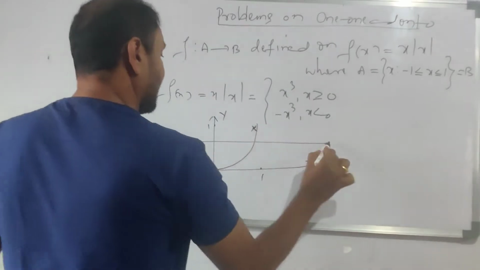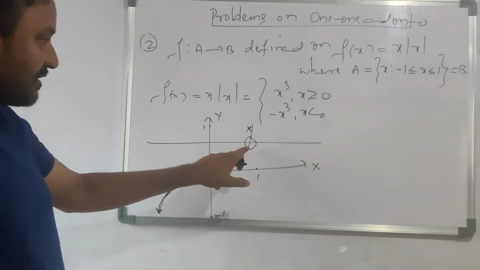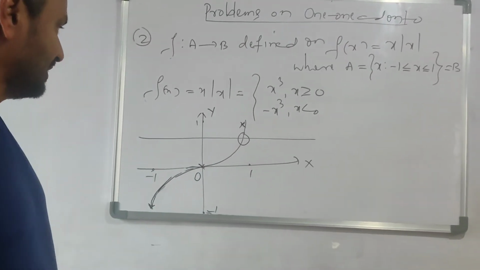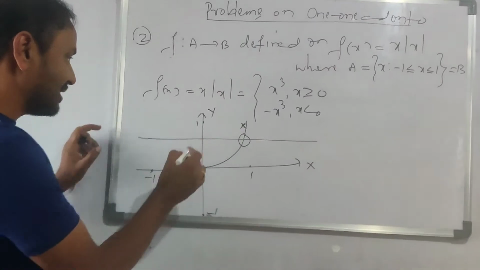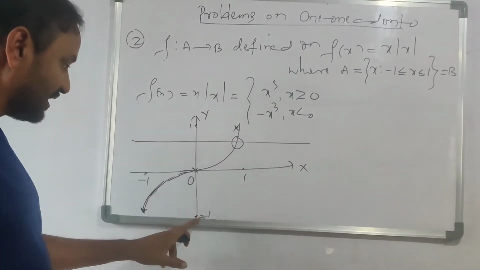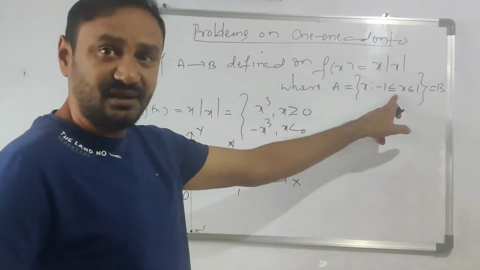Draw any line parallel to x-axis on the graph. The line intersects the graph at only one point, so it is 1-1 according to the definition of a 1-1 function. And also you observe the maximum value is 1, the minimum value is minus 1. So the range of the function is minus 1 to plus 1. It is equal to codomain. So it is also onto.